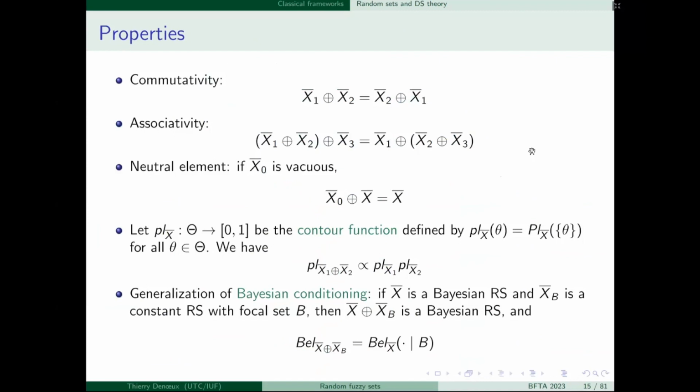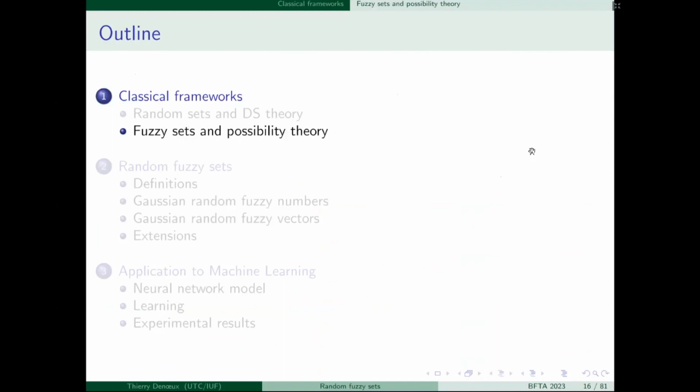If X bar is a Bayesian random set, so each image is a singleton, and X sub B is a constant random set with focal set B, then the combination gives us a conditional probability measure. It's the same thing as Bayesian conditioning. We have seen that already, but here we see it from the perspective of random sets. Now, fuzzy sets and possibility theory.